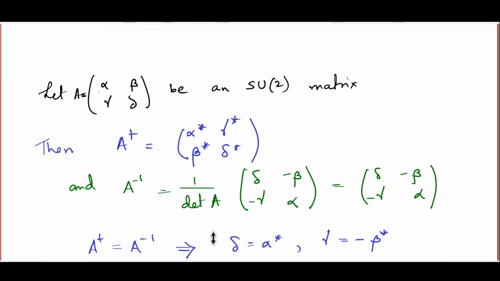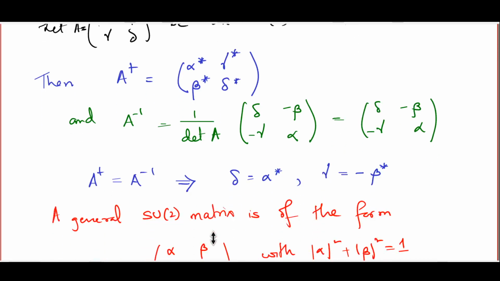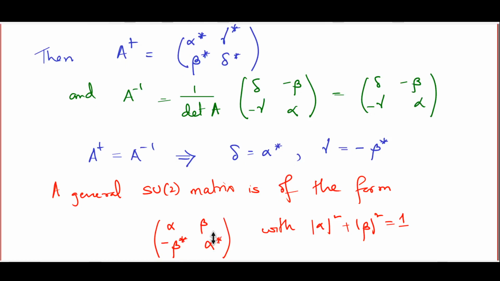Since A dagger has to be A inverse, comparison of the two matrices simply gives us the result that delta has to be alpha star and gamma has to be minus beta star. And putting the two together, we get the result that the general SU2 matrix has to have the form alpha, beta, minus beta star, alpha star, and on top of that you need to impose the constraint that the determinant is 1.